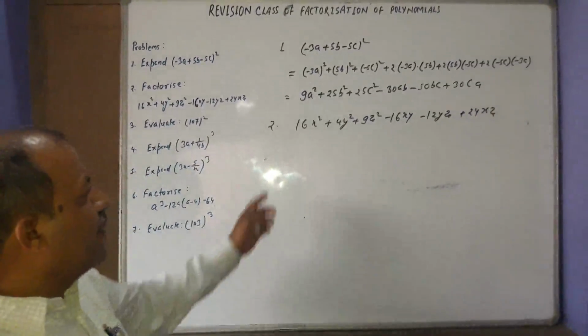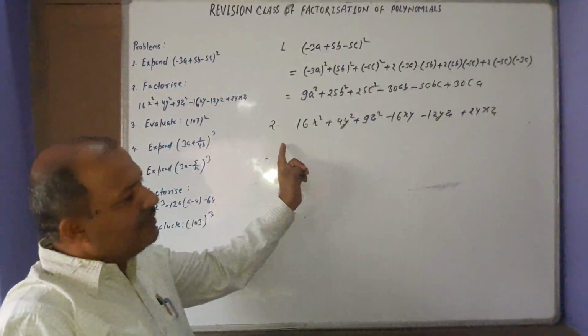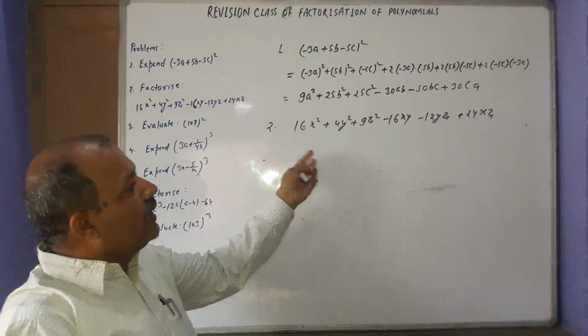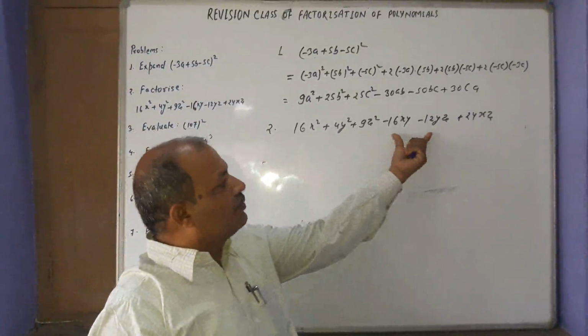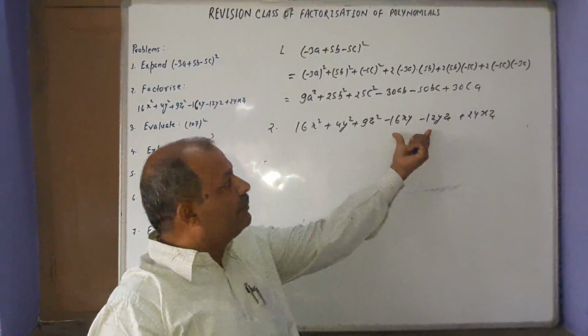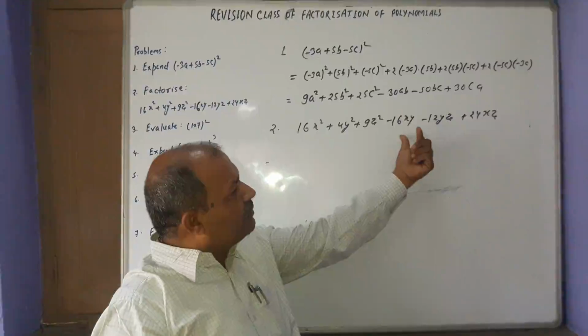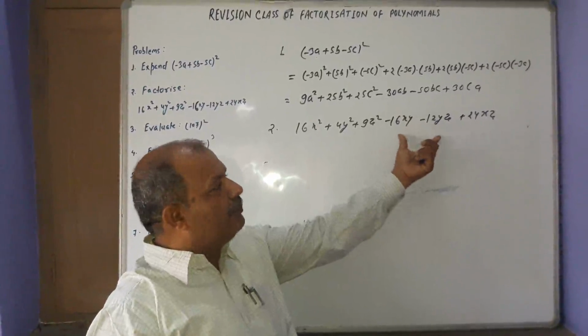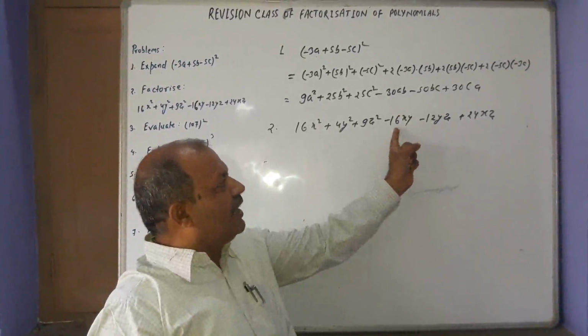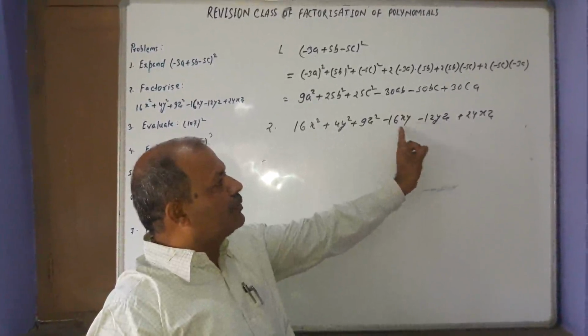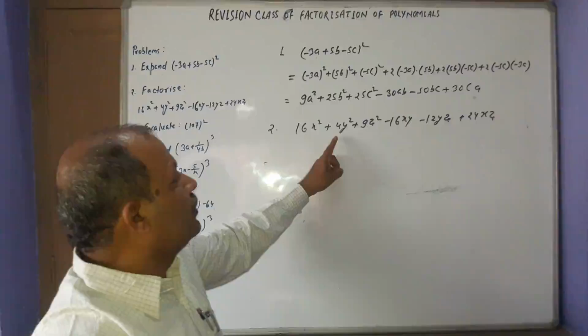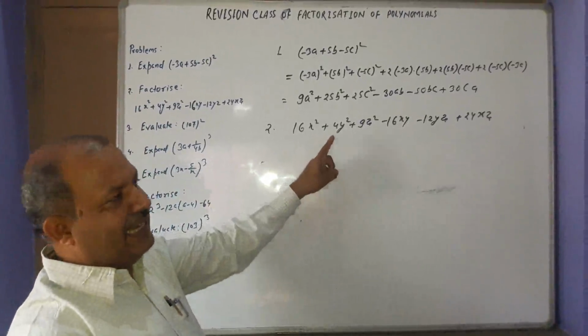At the time of factorizing such expressions, we have to search those two terms which have negative value, and we have to watch which one is common, which variable is common in both of them. Here we find y is common in both, and therefore the term y will be taken as negative.